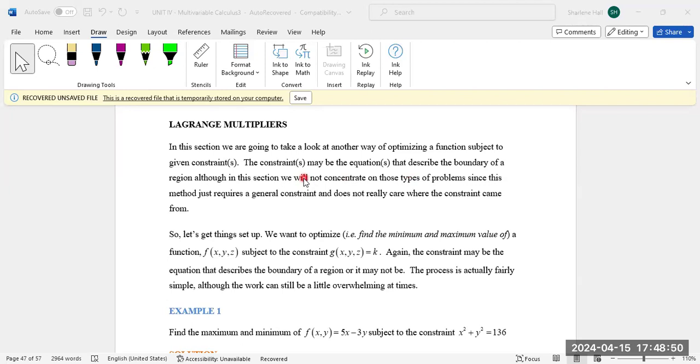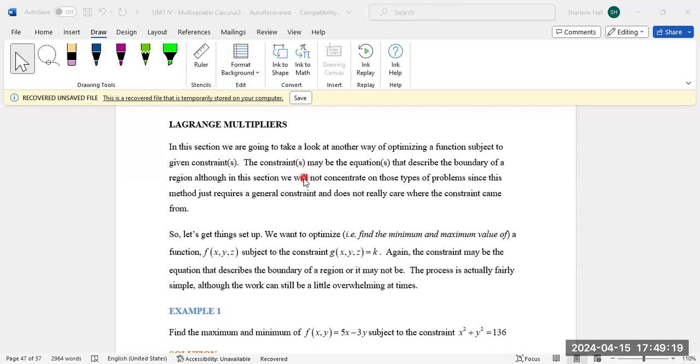Again, this topic is one on multivariable functions. I have one other topic to do with multivariable functions. So I'm killing you with multivariable functions. If that's what you want to say, I have no problem. I can't complain about it. So in this section, we're going to take a look at another way of optimizing a function. The one way that we used to optimize a function was finding the stationary points of the multivariable function.